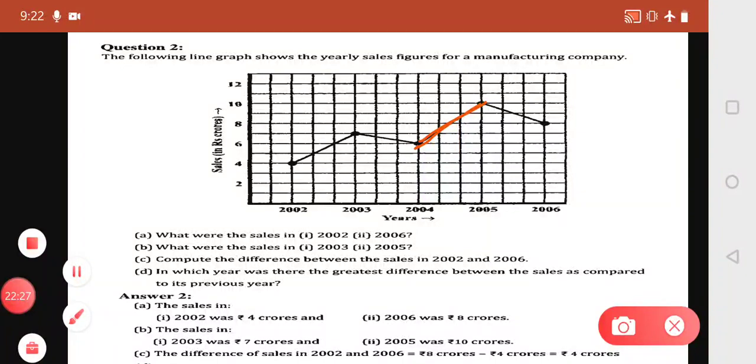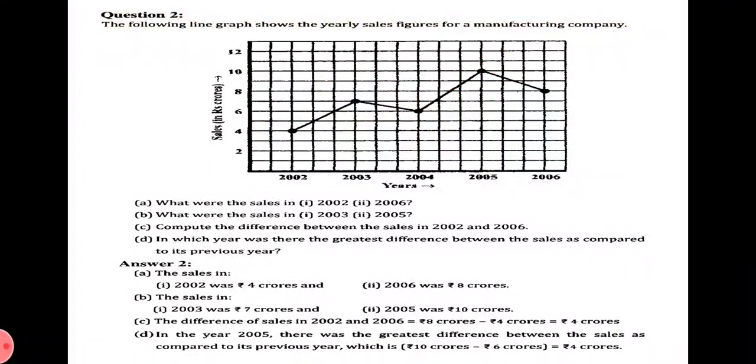Yes. So in 2005 it is 10 crores and in 2004 here it is 6 crores. So the difference between the 2 years, that is 2004 and 2005, is the most.